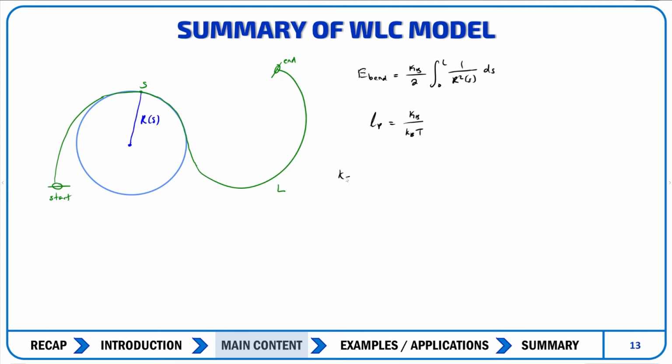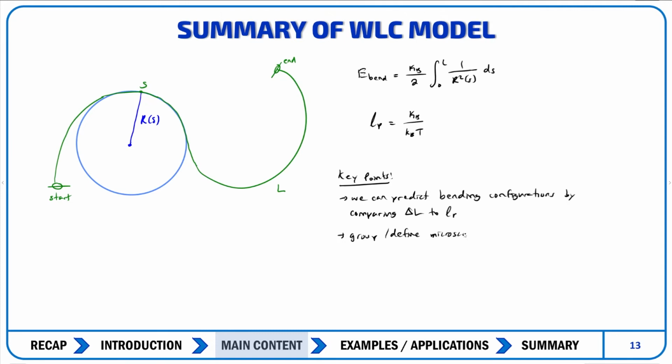Some key points to remember would be as follows. Basically, we can predict bending configurations by comparing delta L to LP. We can also group and define microscopic versus macroscopic parameters.